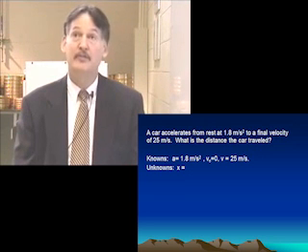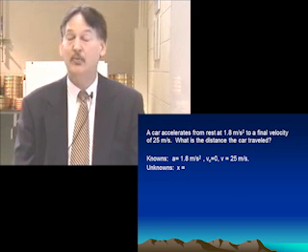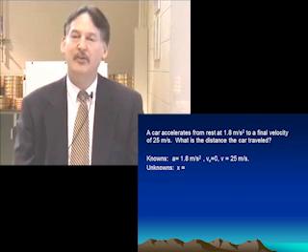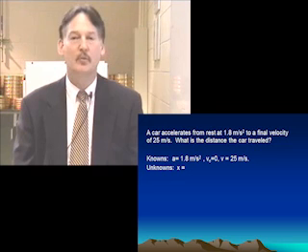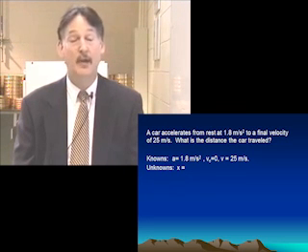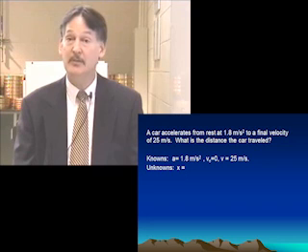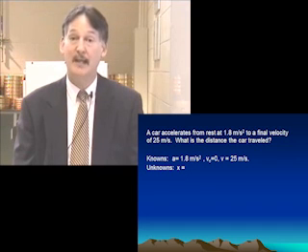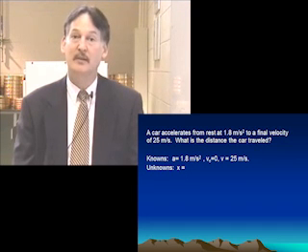Now, the car started from rest and accelerated at 1.8 meters per second squared. What are you going to label that number with? That's right. You're going to label it with the symbol a for acceleration. Very good.